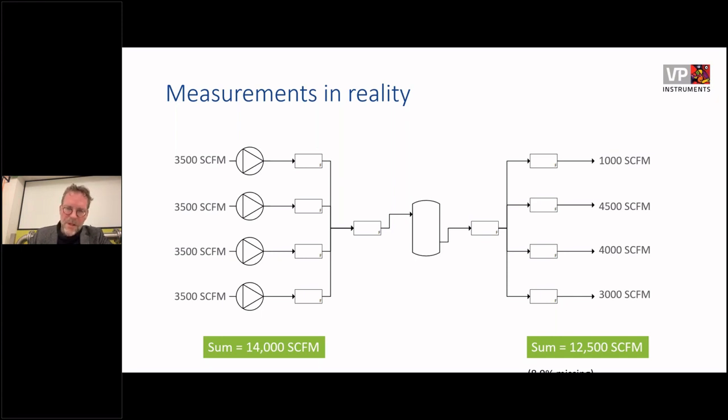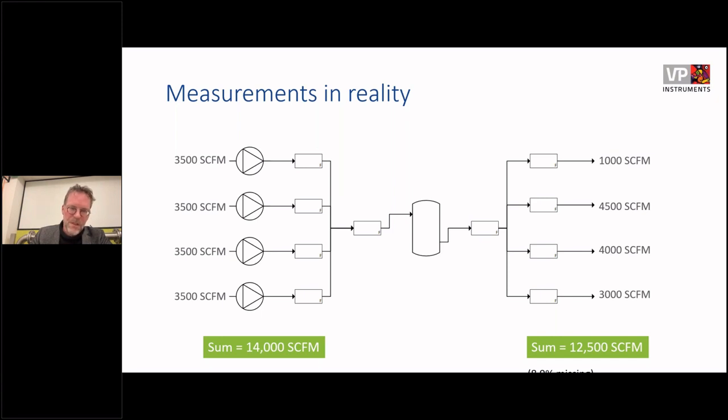Now, one trick which I would like to share with you today is how to solve this. And that's basically adding up all those consumers and converting them into percentages of the total sum. So you create the percentage of the total sum of that 12,500. Then you can allocate basically the total flow to each consumer using the sum on the left side, the 14,000. And you can even go one step beyond.